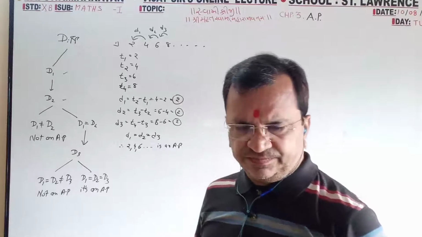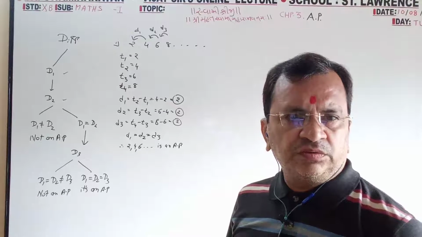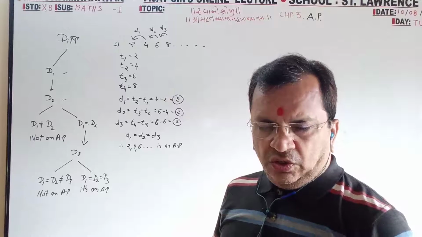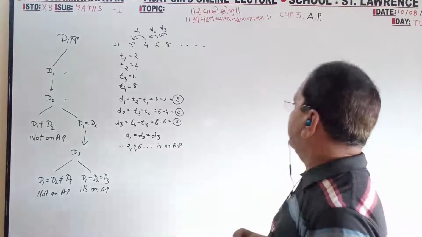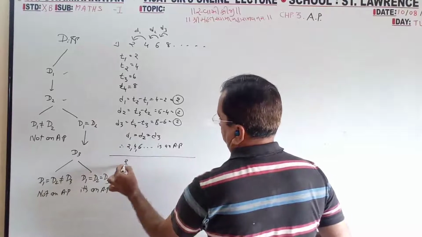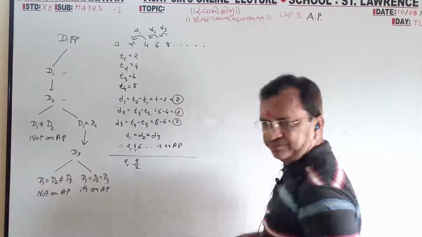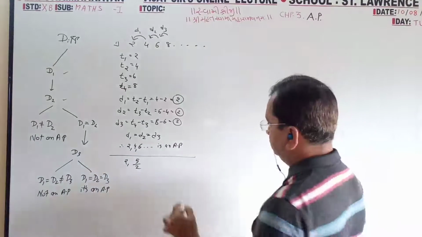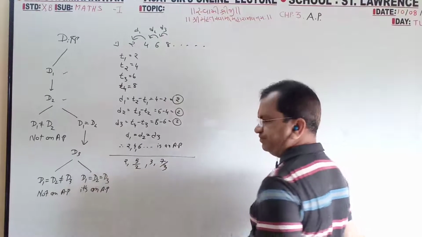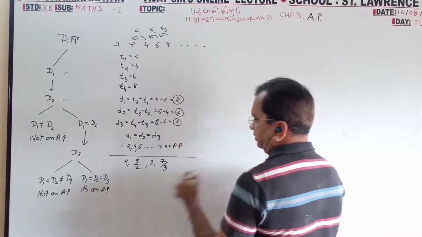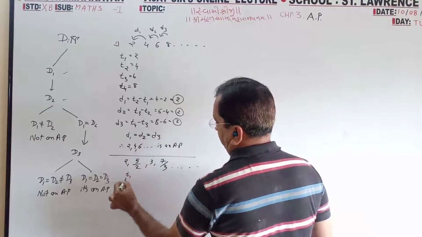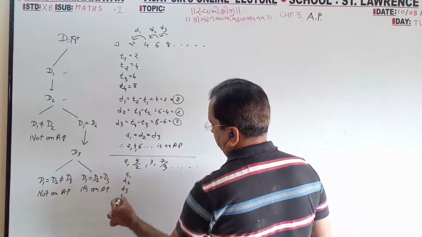Now next. 2, 2.5, 3, 3 1/3. That is 2, 5 by 2, 3, 10 by 3. Correct? T1, T2, T3, T4.